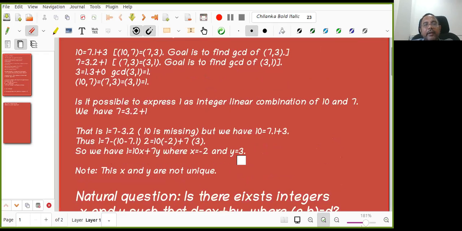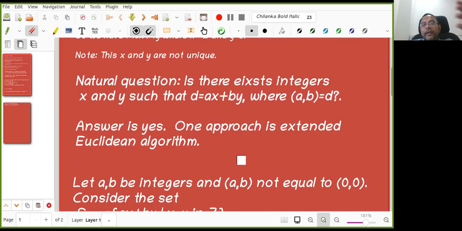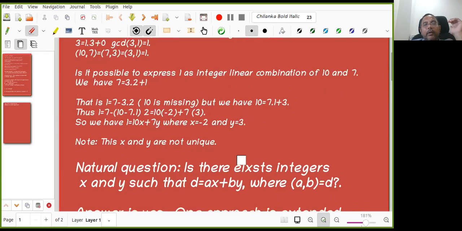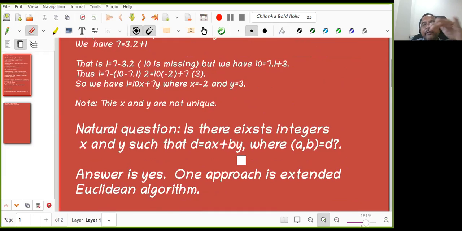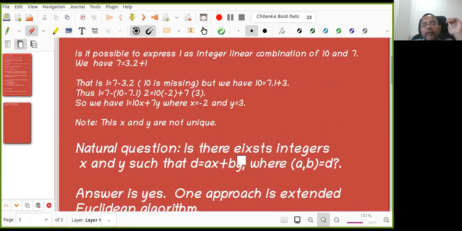The answer is yes, because the approach we followed we can do for anything. That is called the extended algorithm. We are going backwards now. Finally we get the GCD, then I go backwards and express d as an integer linear combination of ax and by. Now there is another way to prove it.